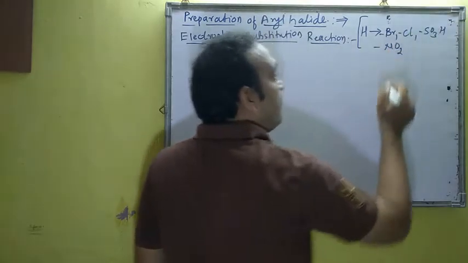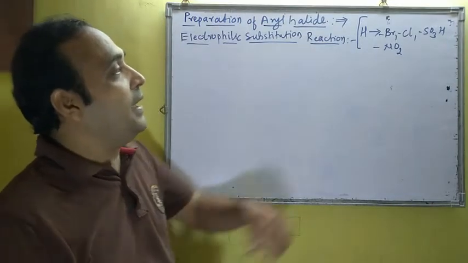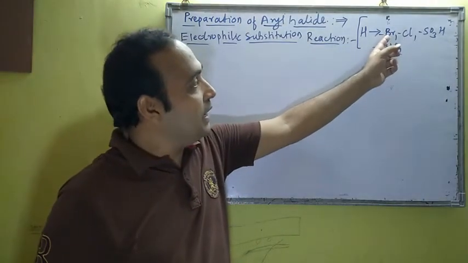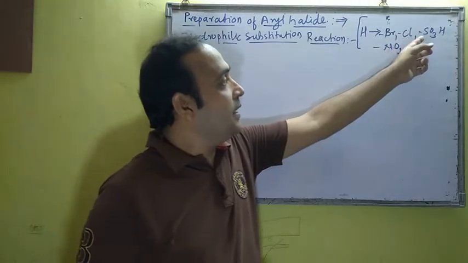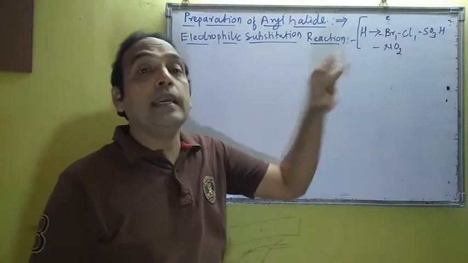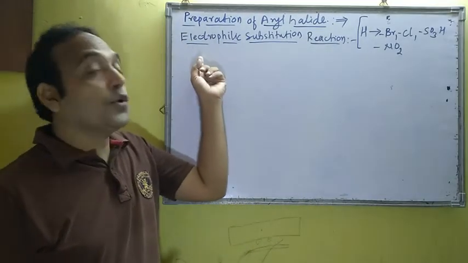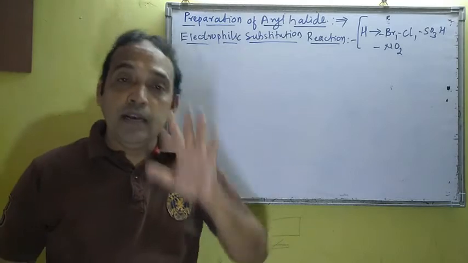So H of benzene or its derivative is replaced by electrophiles like Br, Cl, SO3H, which means sulfonic acid, NO2 means nitro group. So this reaction is called electrophilic substitution reaction.